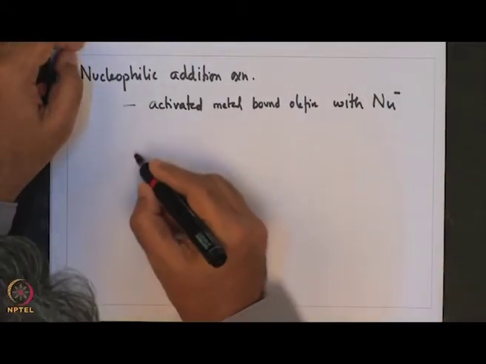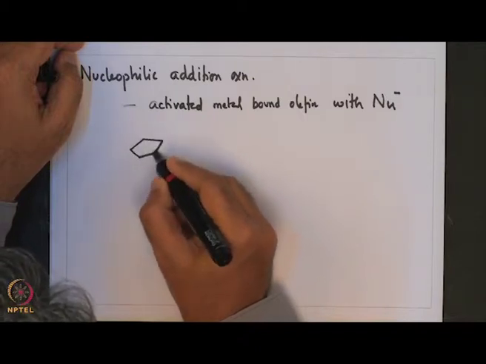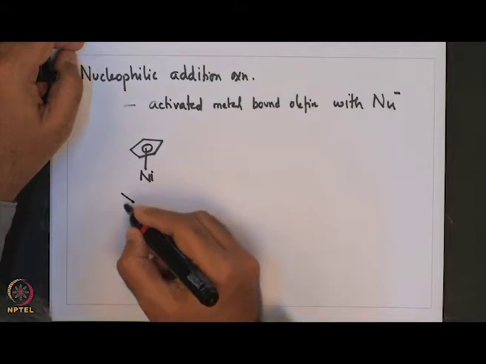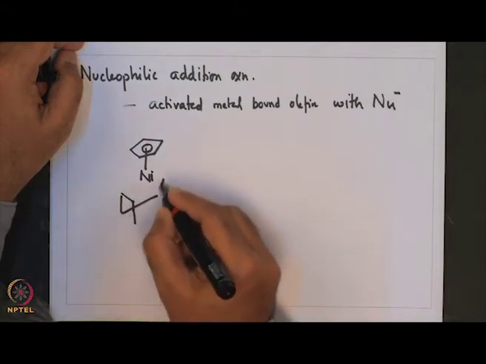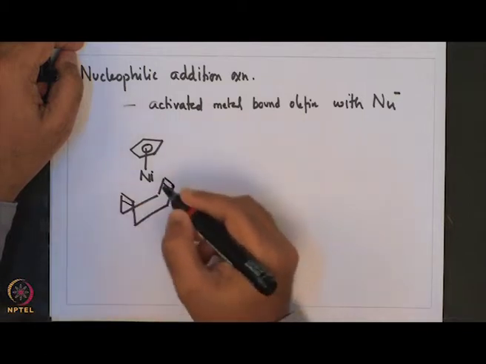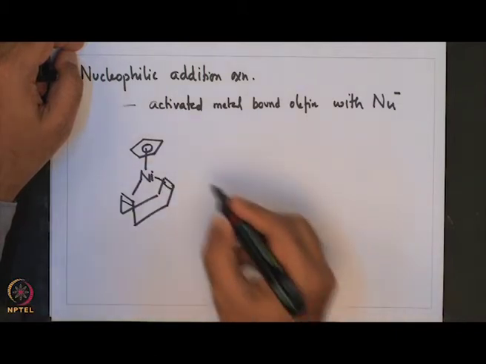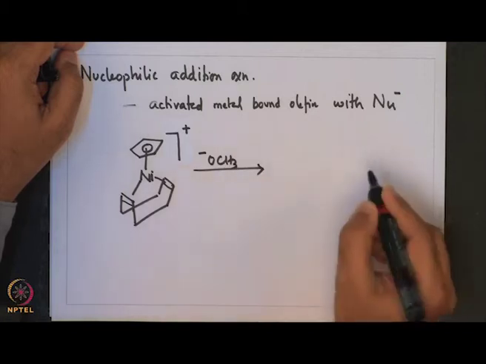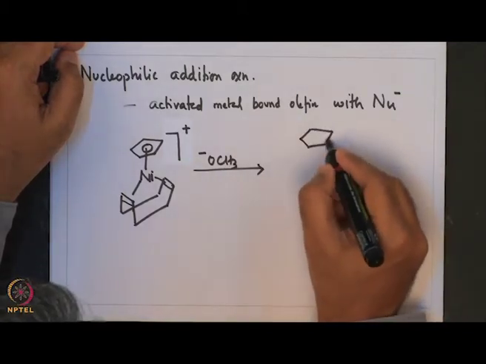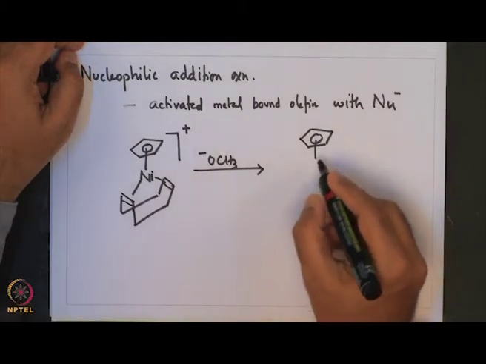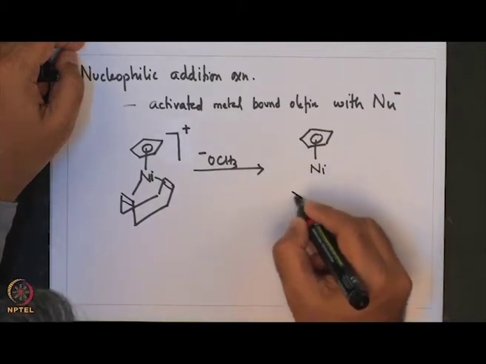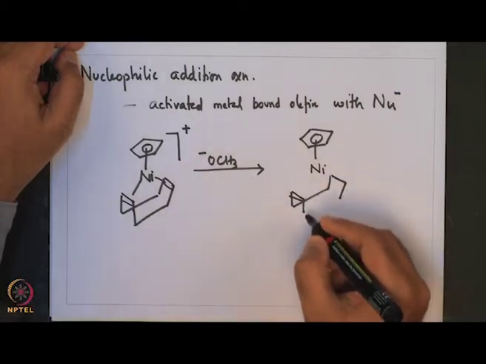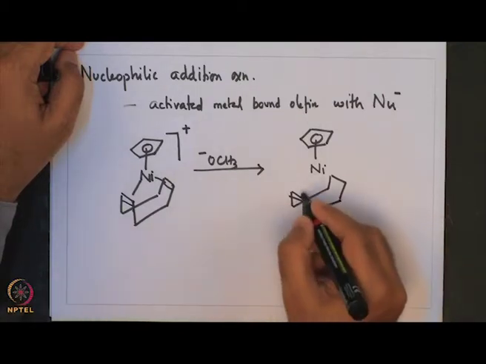For example, this half sandwich Cp compound of nickel undergoes nucleophilic attack in presence of methoxide anion to give the following nickel complex, as is shown here.